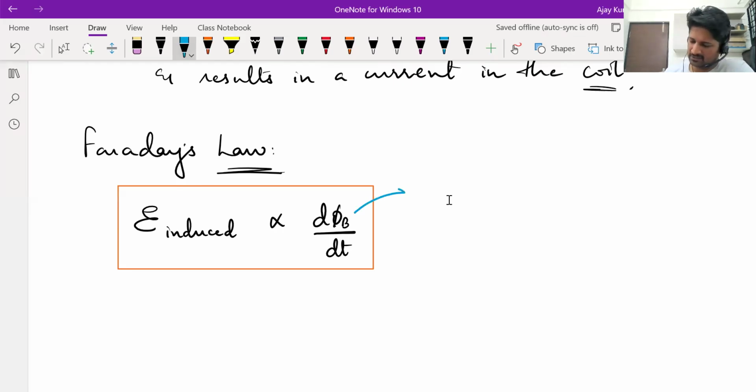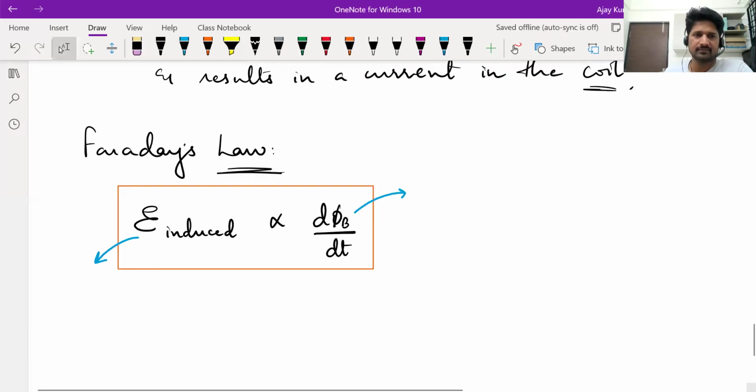Tell me, first, what is the dimensional formula for EMF or voltage? Derive it quickly, all of you. Dimensional formula for voltage. Which formula will you use to derive dimensions of voltage or EMF? F equals QVB?